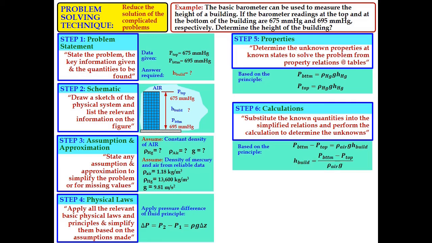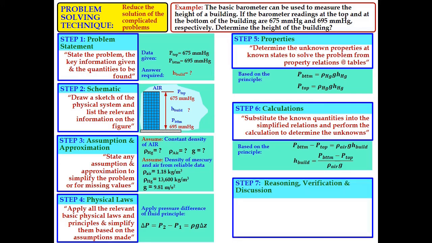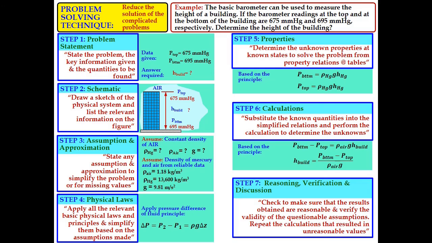Then rearrange the equation, and the height of the building will be P bottom minus P top, divided by rho air multiplied by g. That's step number 6.